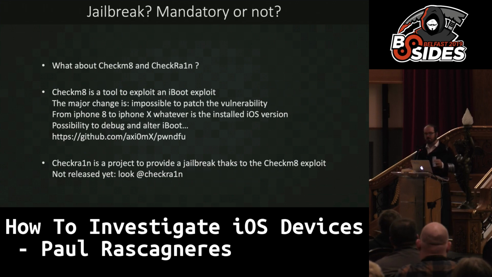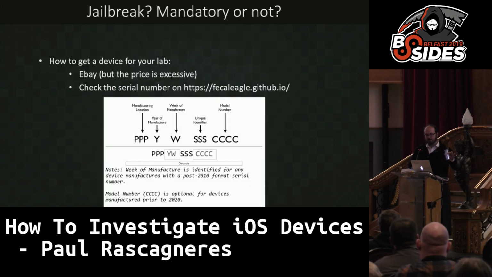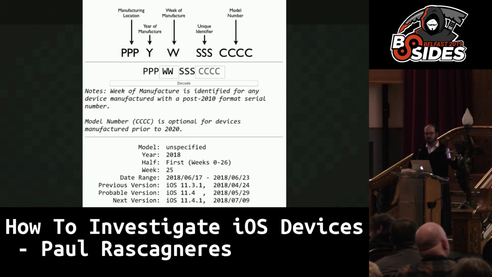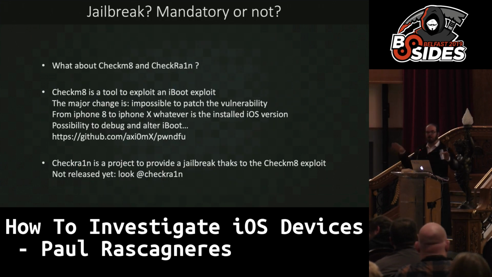So now you have jailbreak from the OS point of view. Today, the last one is 12.4, and you have jailbreak from the hardware point of view from 8 to X. In the past it was a little bit complicated, but now it's more complicated because it depends on the hardware and stuff like that.